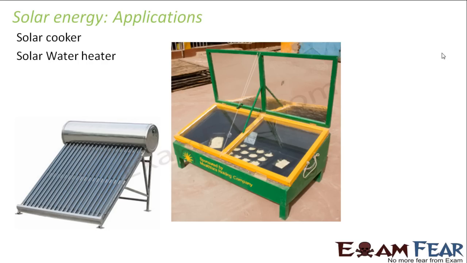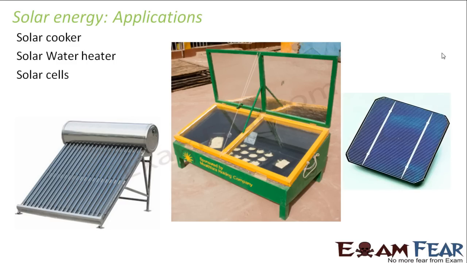That is a big thing, because when we already have an energy crisis and need so much electricity, we can save some by making use of solar energy. Solar cells are a wonderful example of solar energy, because they help to convert solar energy into electrical energy.